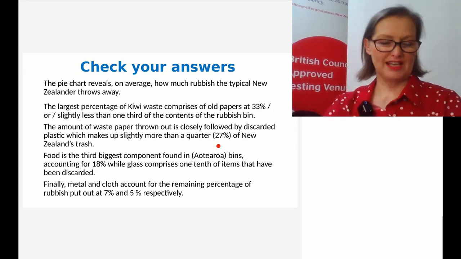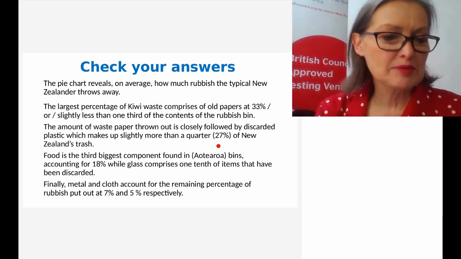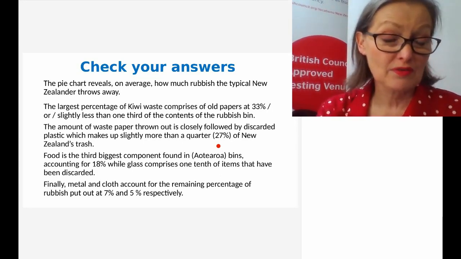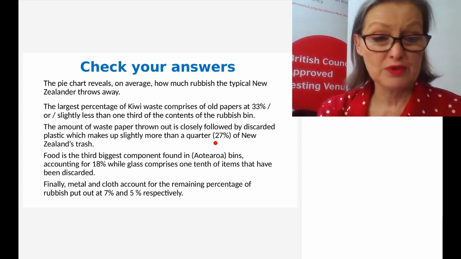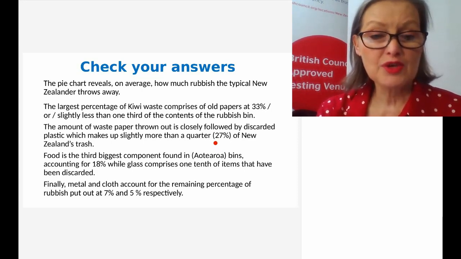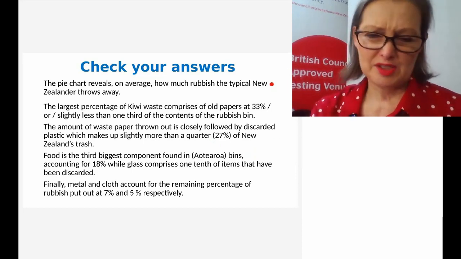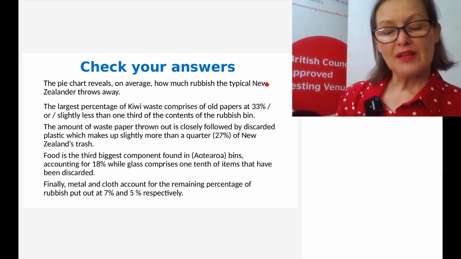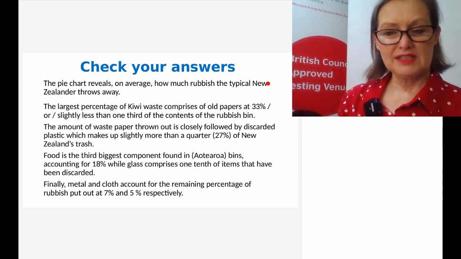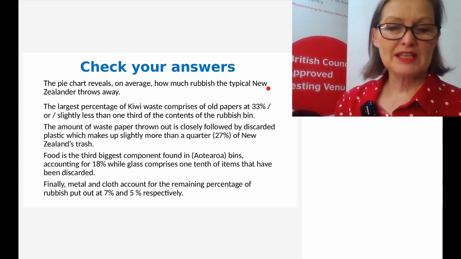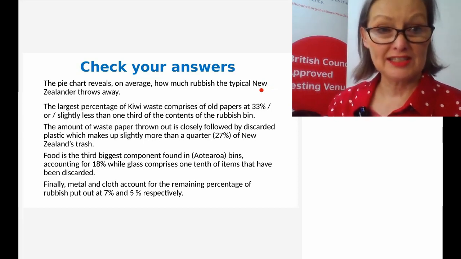Now have a look at what I've done in the next paragraph. I've talked about food or food scraps. Food is or food scraps are the third biggest component found in, now we don't expect you to know this word Aotearoa, but what I've done is I've just popped it in. It's extreme, but can you see how I've varied my vocabulary? I've spoken about New Zealander.